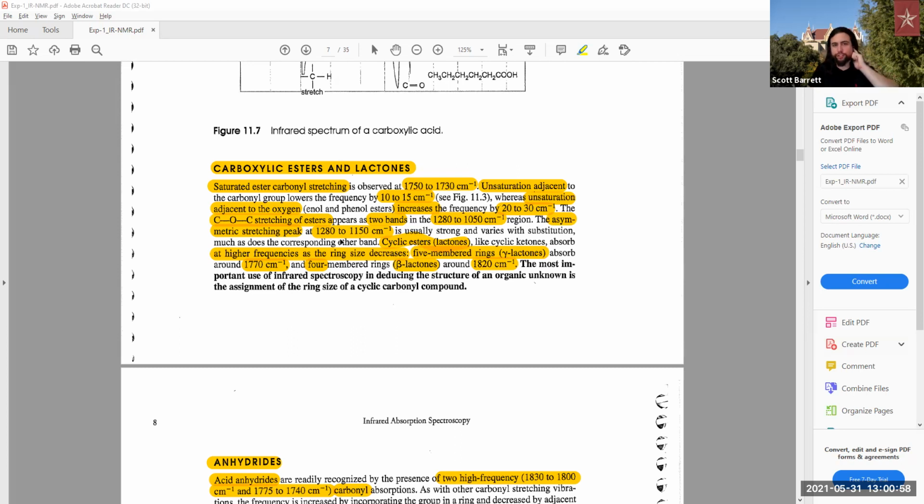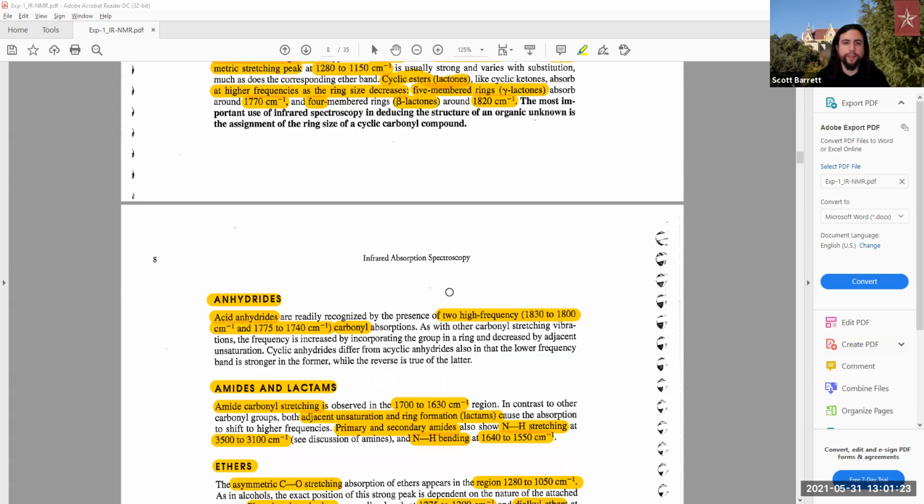The asymmetric stretching peak at 1280 to 1150 inverse centimeters can additionally be found with very strong characteristics. One good thing you can analyze for cyclic esters like lactones, to know whether you have a 5-membered or 4-membered ring, is that a 5-membered ring would absorb around 1770 inverse centimeters, whereas a 4-membered ring would be around 1820 inverse centimeters.